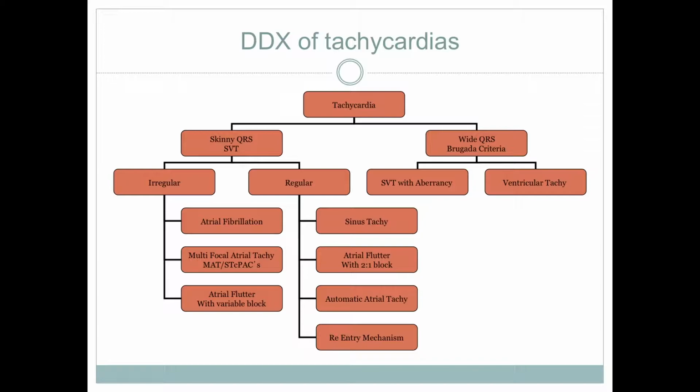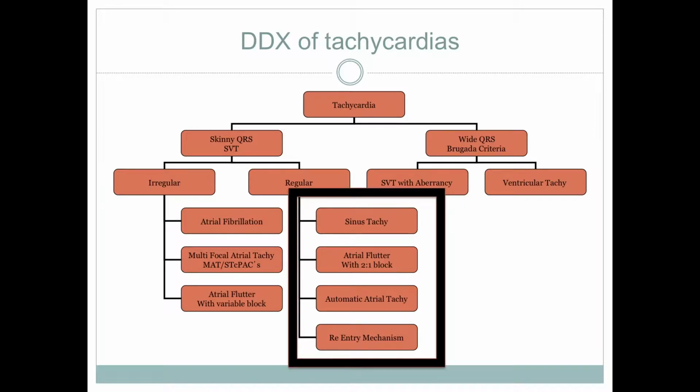There's wide QRS complexes, there's narrow QRS complexes, and that's helpful to figure out which part of the zoo you're in, and it's helpful in terms of narrowing your differential diagnosis. So we're going to be talking about this specific box here: any skinny QRS complexes that's regular and also has tachycardia.